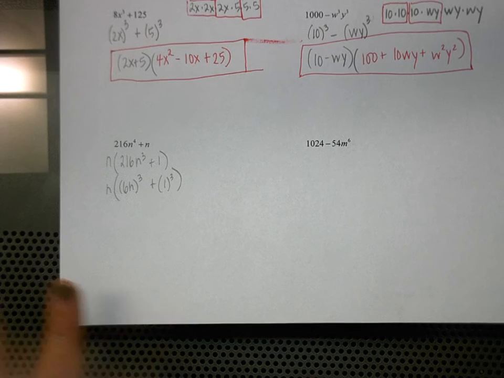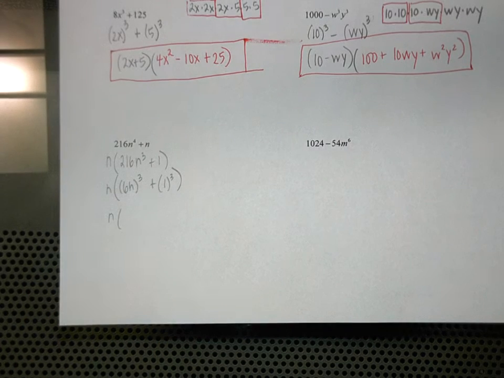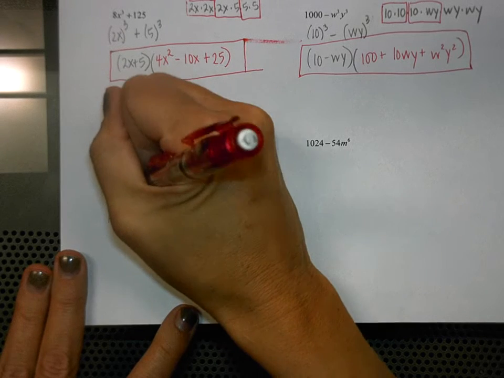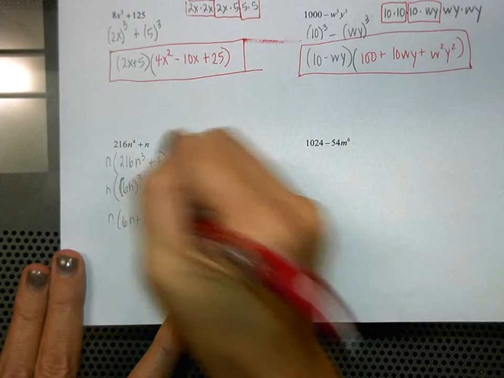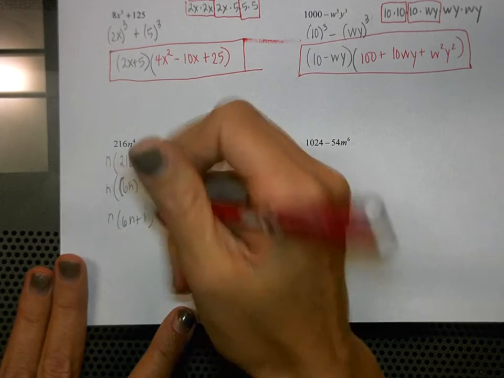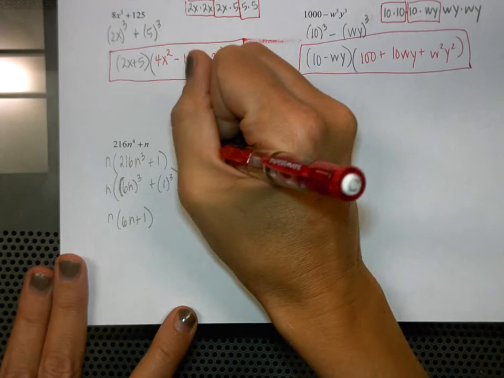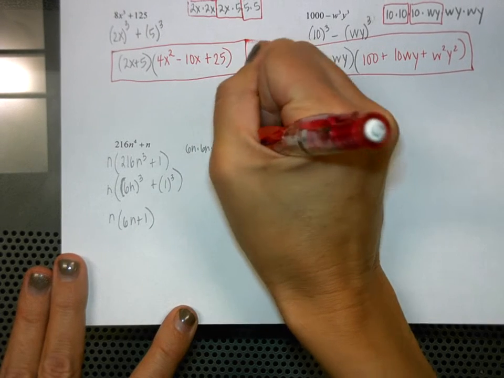And so now, when I'm factoring this out, what will my first parenthesis be? 6n plus 1. And then let's go ahead and write these out again. So we're going to have 6n 3 times, and then 1 3 times.